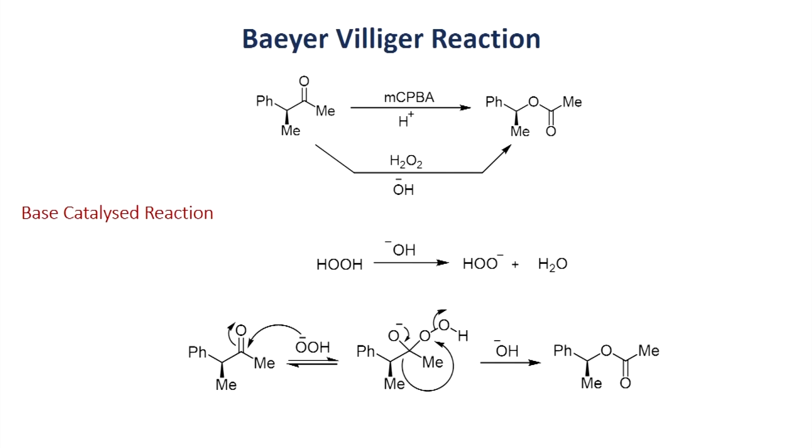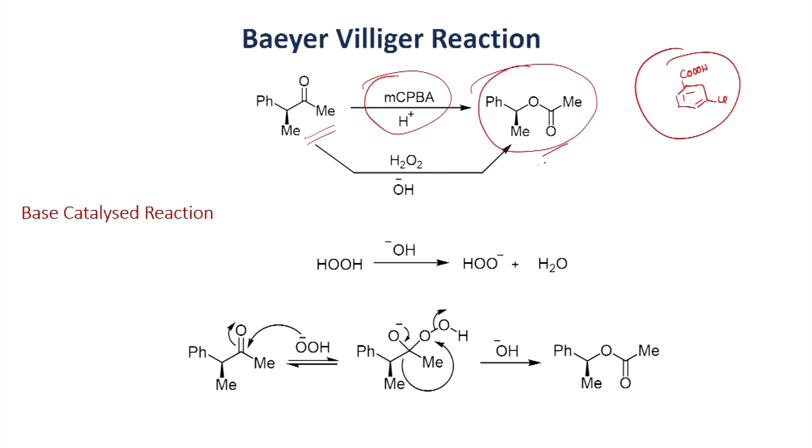The next reaction involves the rearrangement to electron deficient oxygen. Here the Baeyer-Villiger reaction is shown. When you have the ketone and react it with meta-chloroperbenzoic acid, it can produce this ester as the product.